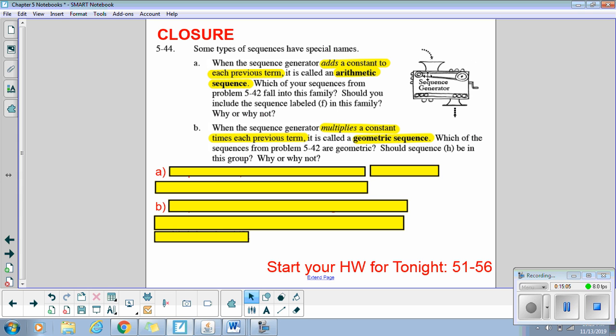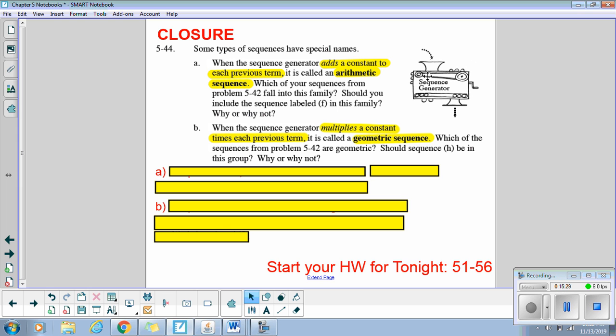Okay, so now we're probably back. You've pressed play. Part B now says, when the sequence generator multiplies a constant times each previous term, this is called a geometric sequence. So geometric sequences have a constant multiplier, very, very similar to exponential functions.